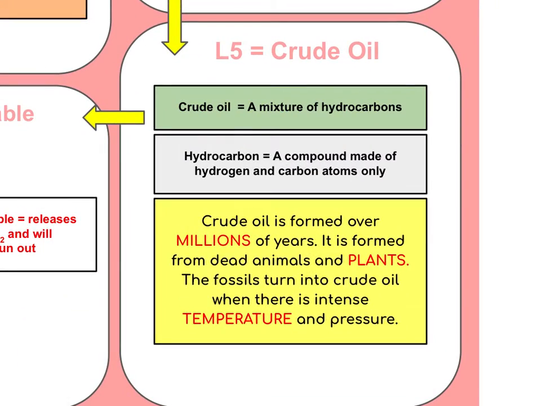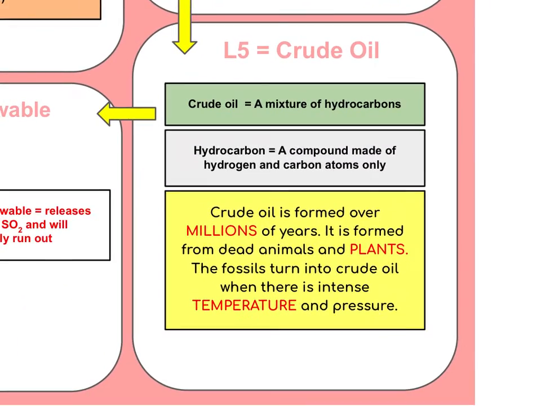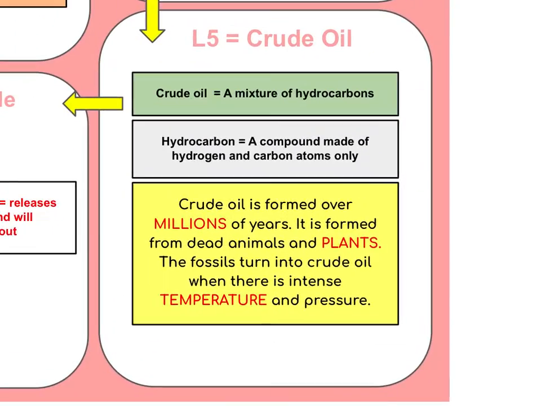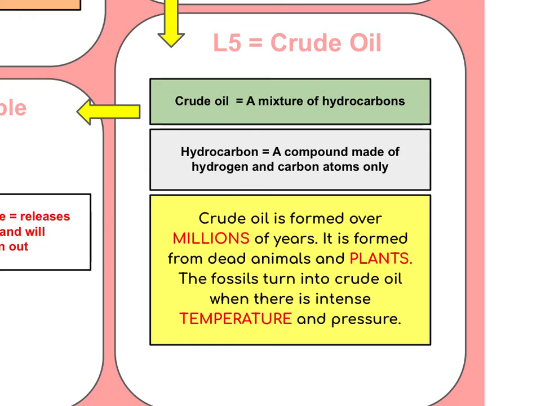Lesson 5 was on crude oil and how it can affect the environment. So crude oil, we need to know, is a mixture of hydrocarbons. What is a hydrocarbon? It's a compound made of hydrogen and carbon only.